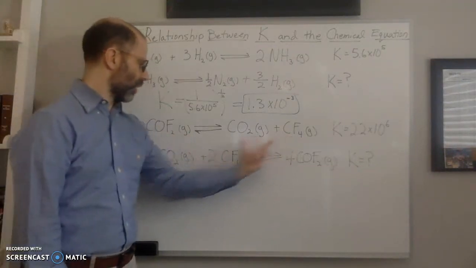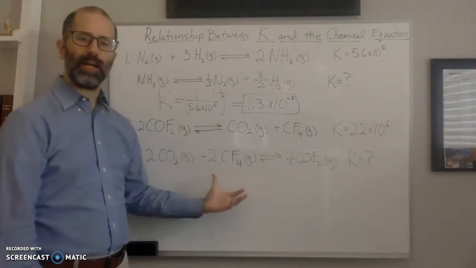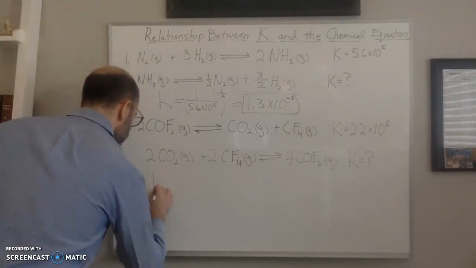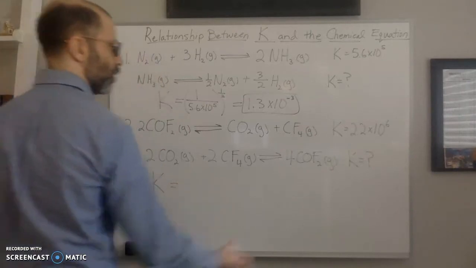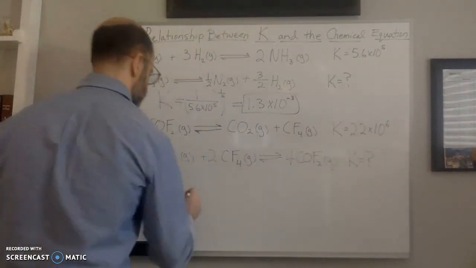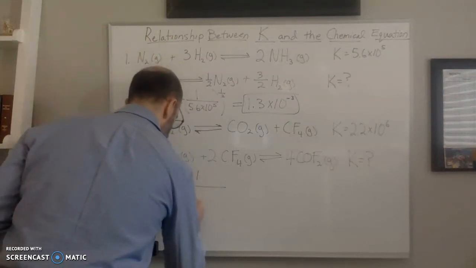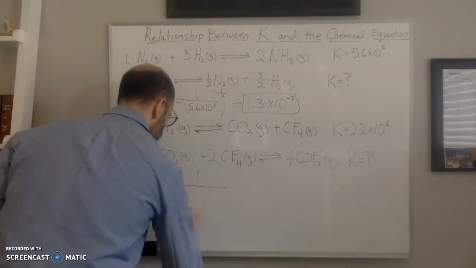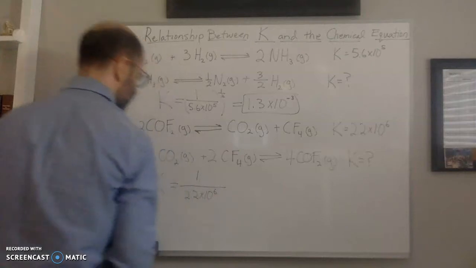So I'm going from products to reactants, and I need to flip my equation. So the new K value is again going to be the inverse, or reciprocal, of the old one. So it's going to be 1 over 2.2 times 10 to the 6.